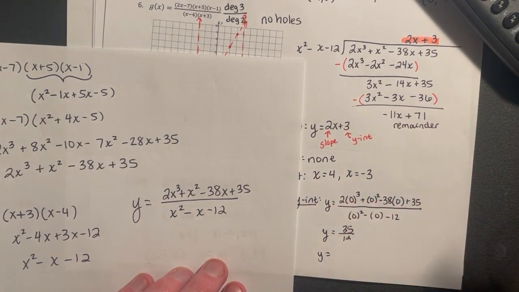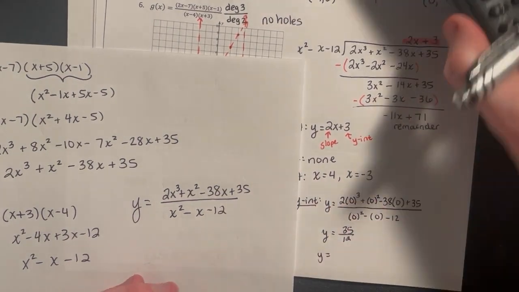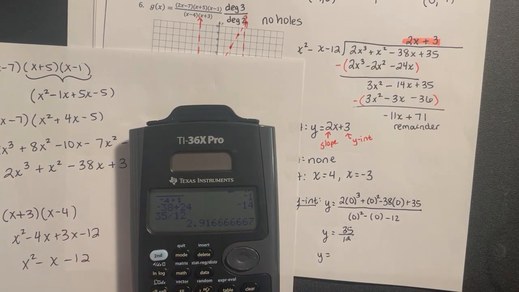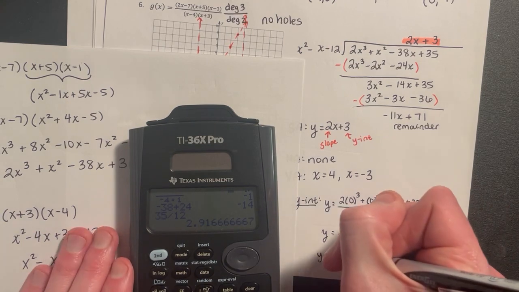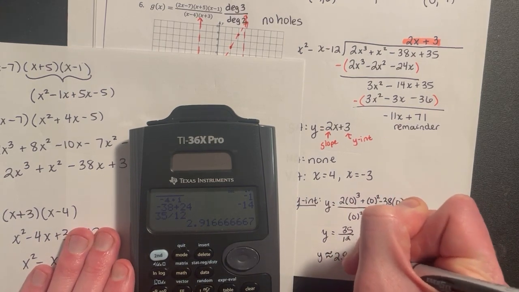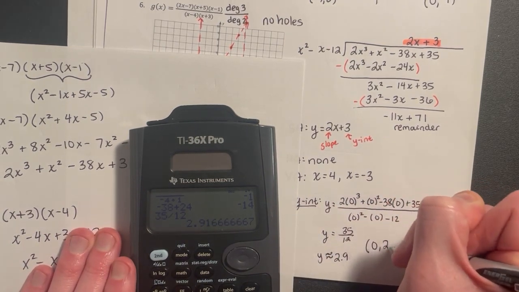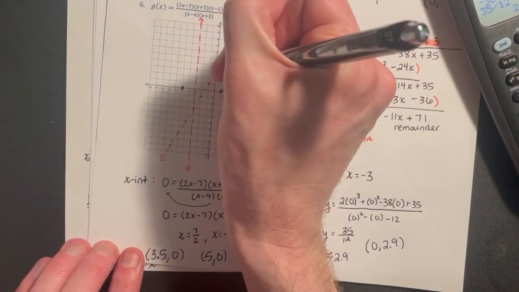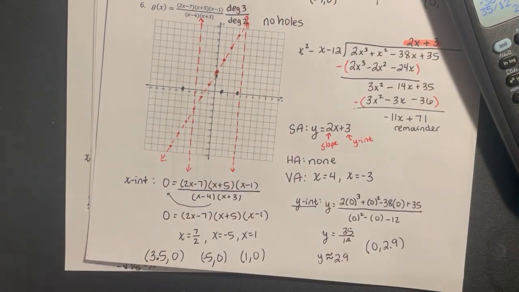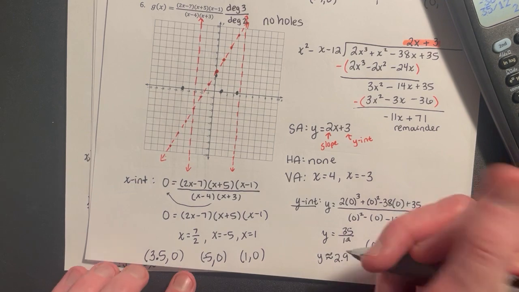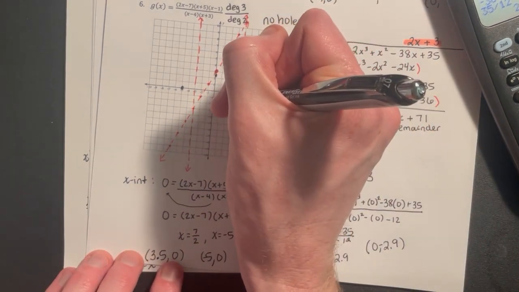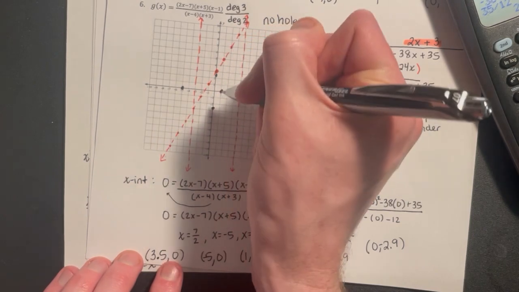That's almost 3, so we'll use our calculator, but 35 divided by 12 is 2.9-ish, so we can say approximately 2.9. Actually, that would be a -12, so a -2.9. We'll change that point down here. Apologies, ignore this one.